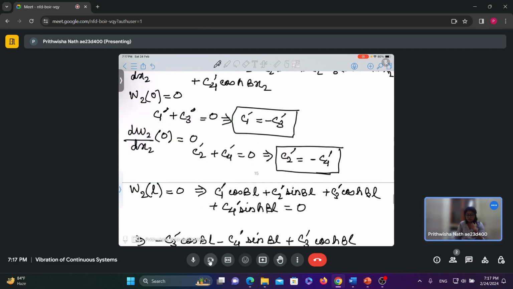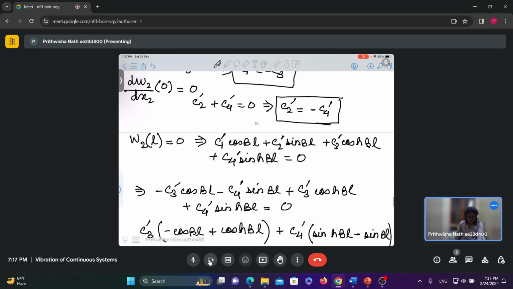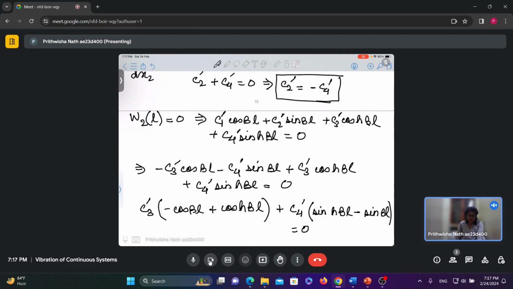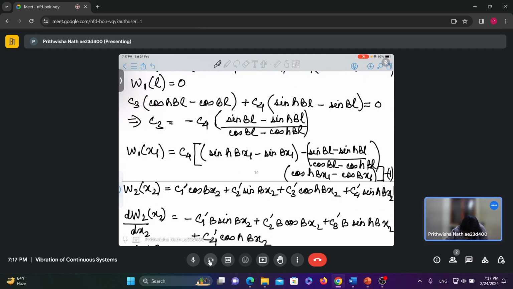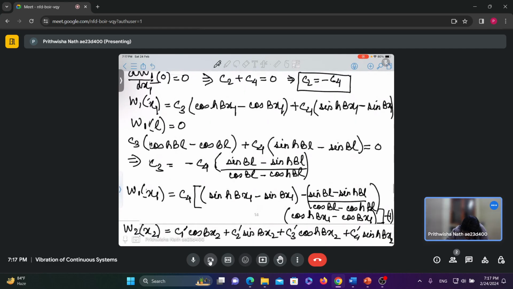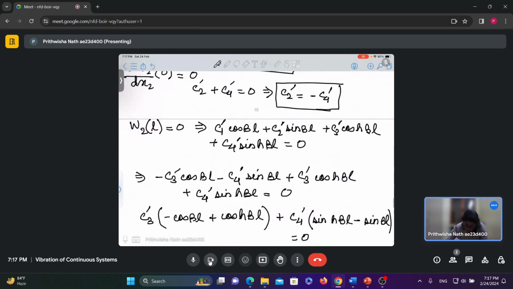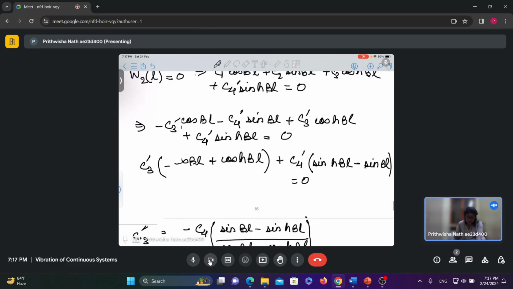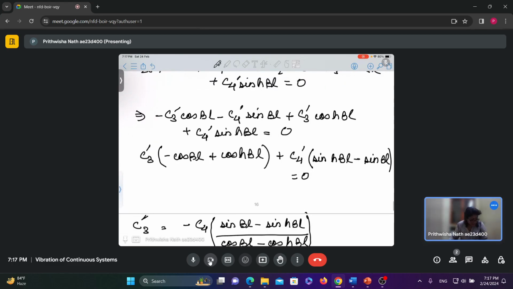Again, the derivative of W2 with respect to x2 at 0 is also 0, so this gives another condition. Now W2 at L equals 0. Using this condition, I got a relationship between C3 prime and C4 prime.